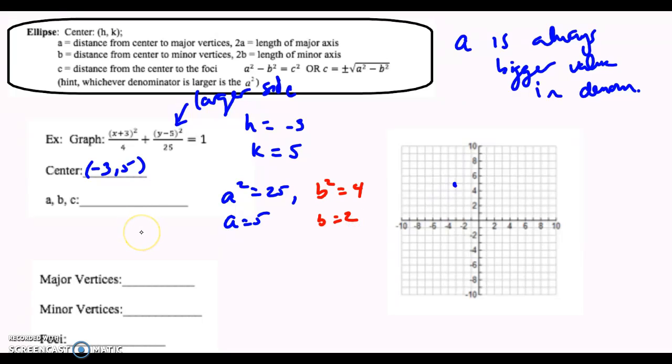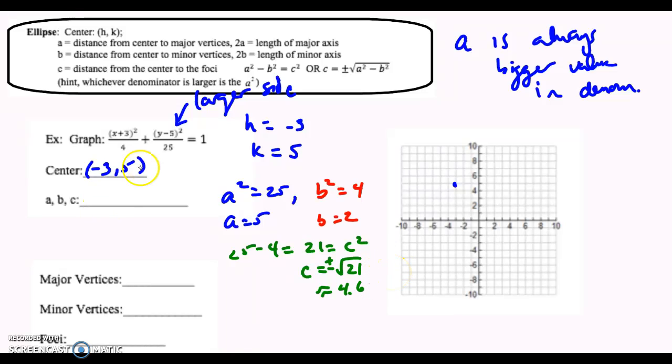Now my c value, again, it's going to be a squared minus b squared, which is why a actually has to be the bigger number. Because if you don't do that, you're going to get a negative number. I'm going to do 25 minus 4 because that's a squared minus b squared, so I'll do this in green. I got 25 minus 4, that's 21. This is equal to c squared, which means c is going to be equal to the square root of 21 plus and minus, or approximately, if you're rounding, about 4.5, 4.6.